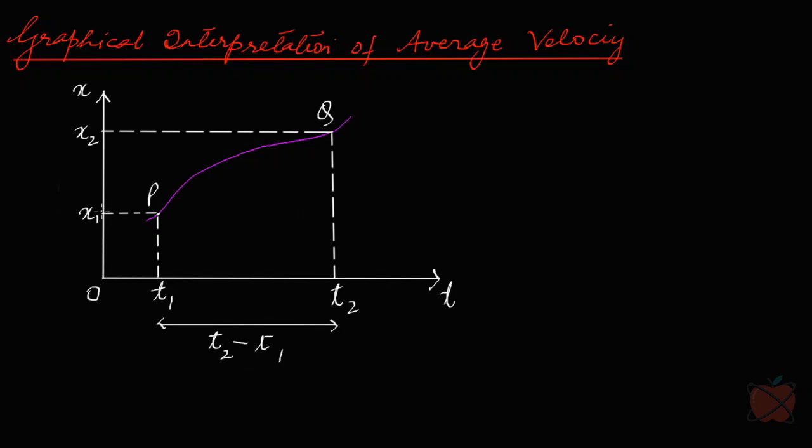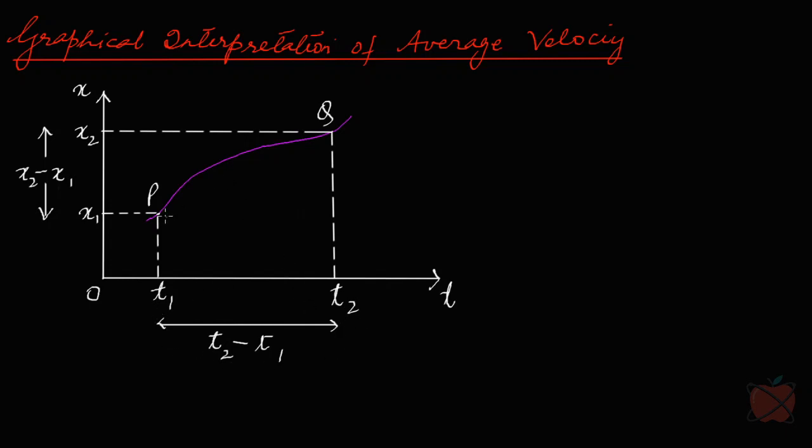Similarly, from here till here is x1, and from here till here is x2, so only this gap will be x2 minus x1. Yes or no? So we want to find the average velocity in this time interval.